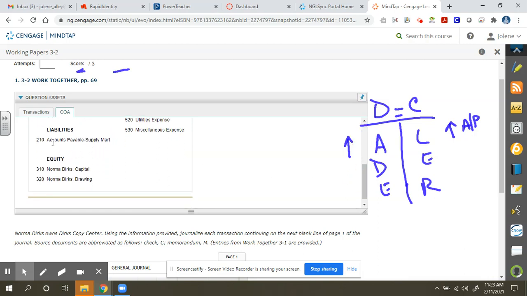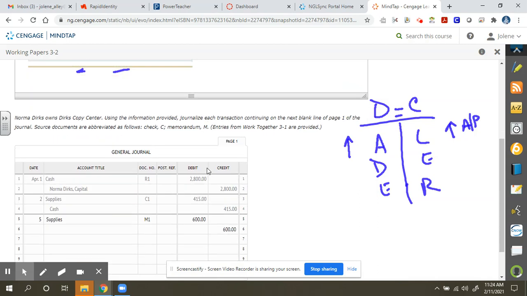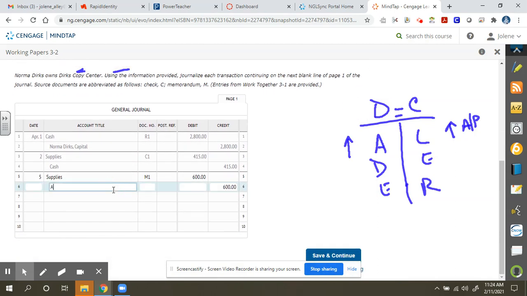You have to put the dash between them. That's exactly the way they want it written. Okay. So I come down here and I put accounts payable Supply Mart.